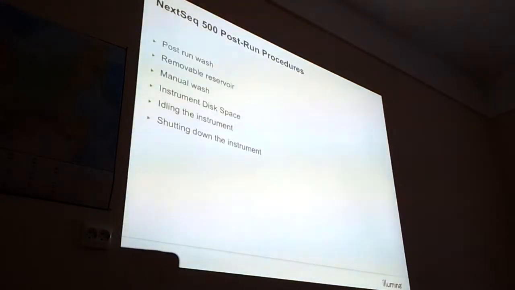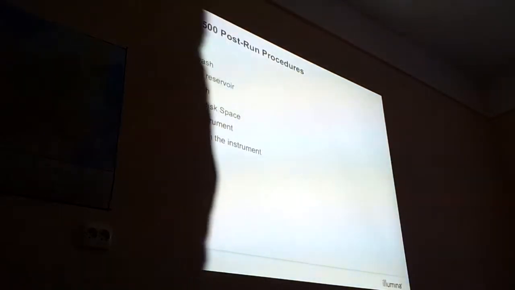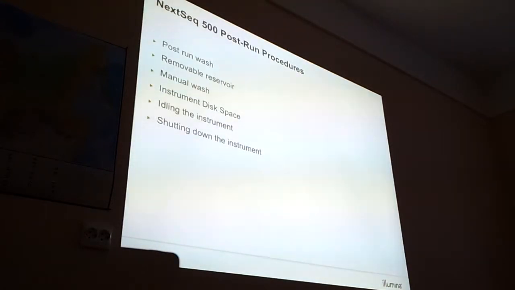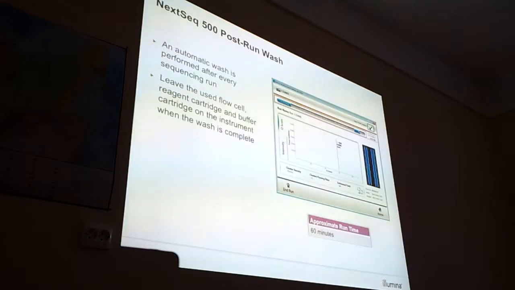Okay. When the run is finished, the rest is automatic. After the run, it does the post-run wash automatically. And you leave the flow cell, the reagent cartridge and the buffer cartridge inside.